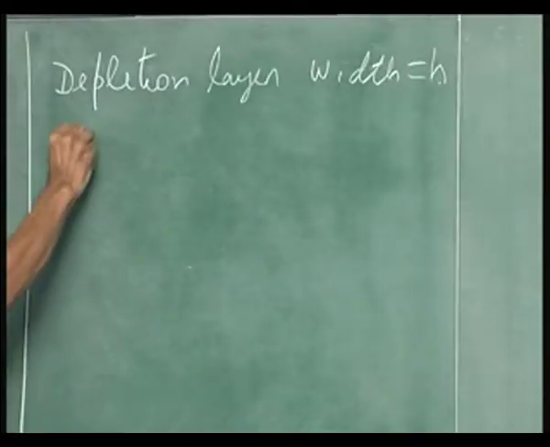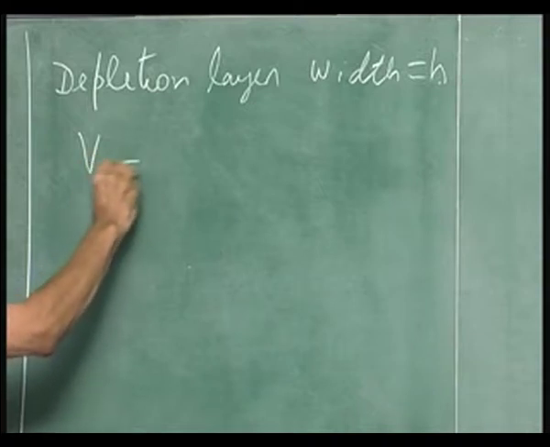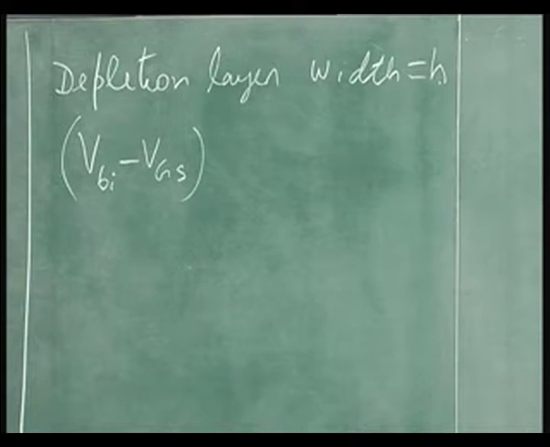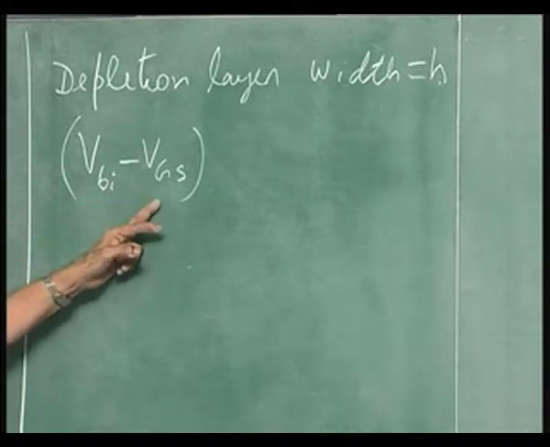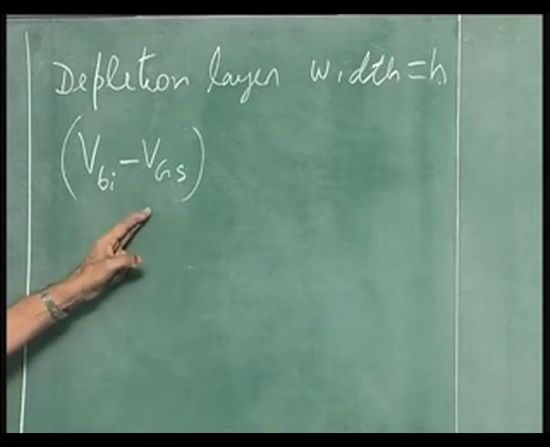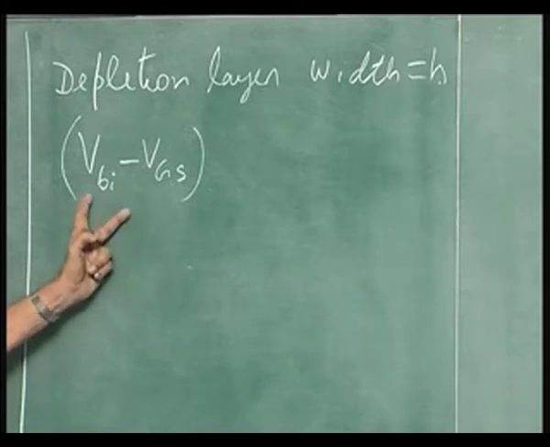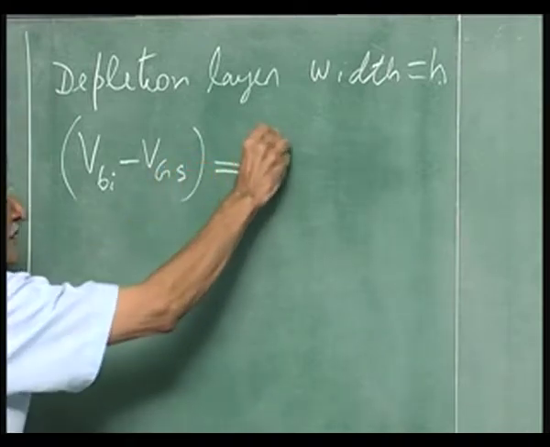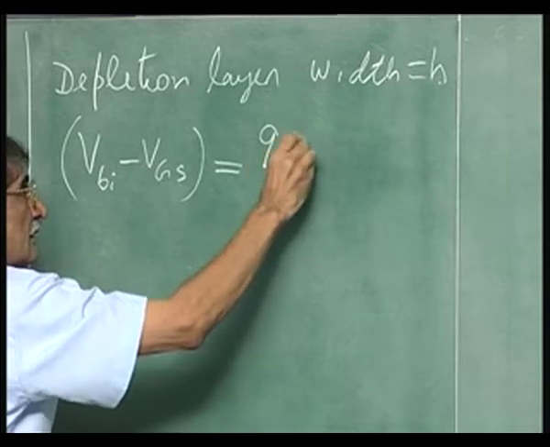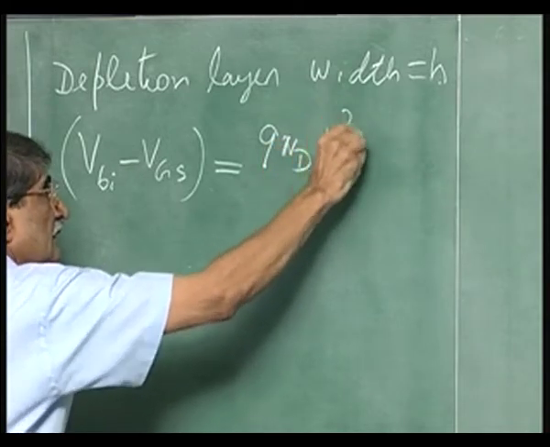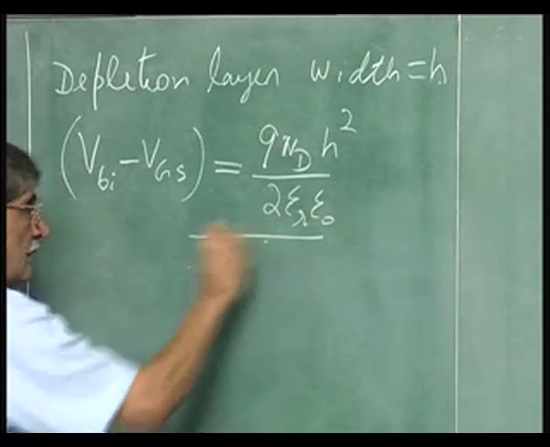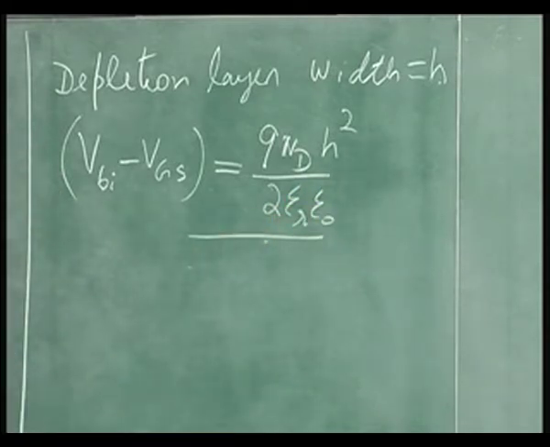So, therefore, VBI minus VGS is the total potential. You do not have to worry whether it is reverse bias or forward bias. All that you do is give a proper sign to VGS. If VGS is positive, it is forward bias. If VGS is negative, it adds on to that. I am repeating so that there is no confusion. Q and D H squared, that is the depletion approximation.